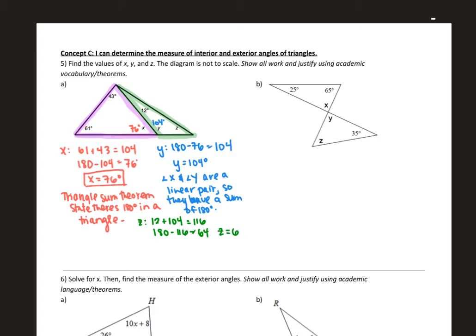So z equals 64 degrees. And our explanation for this is essentially the same explanation that we did for angle x. We're going to say triangle sum theorem states there's 180 degrees in a triangle.